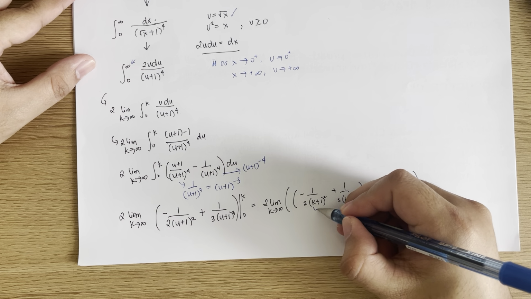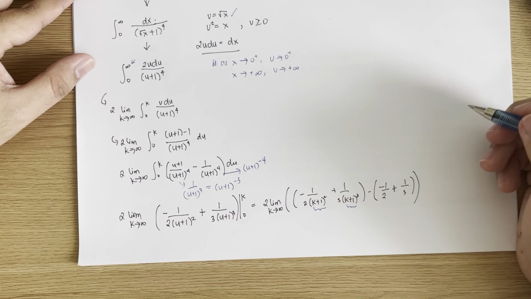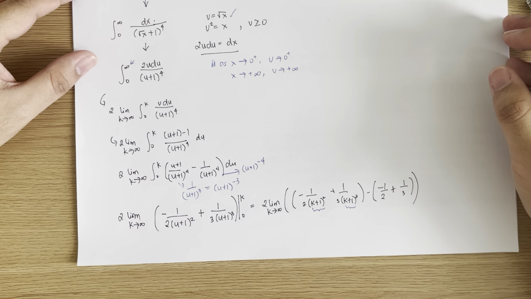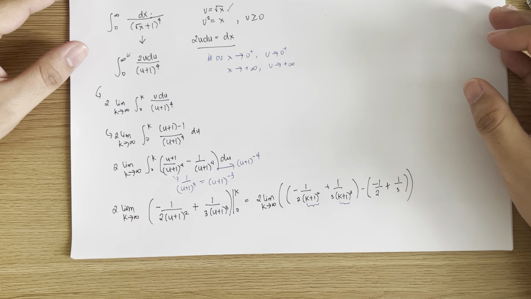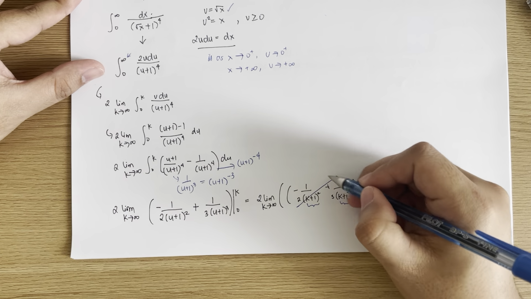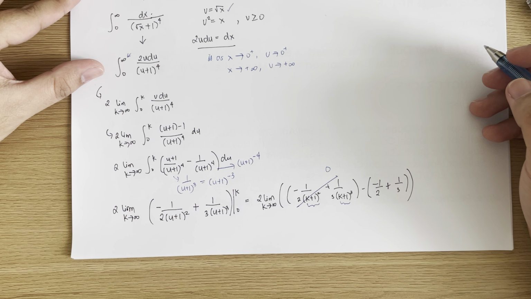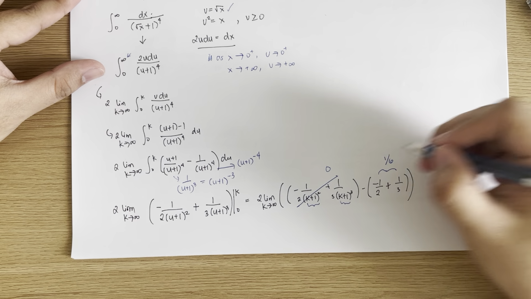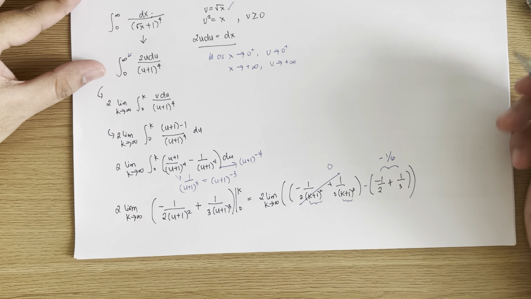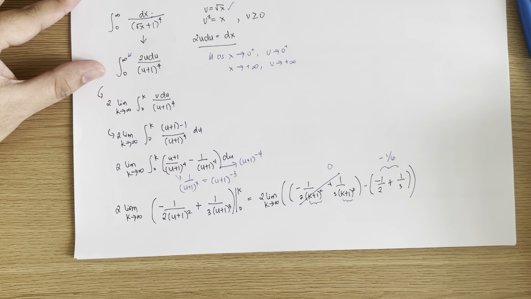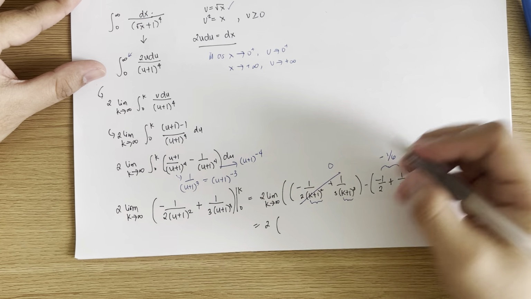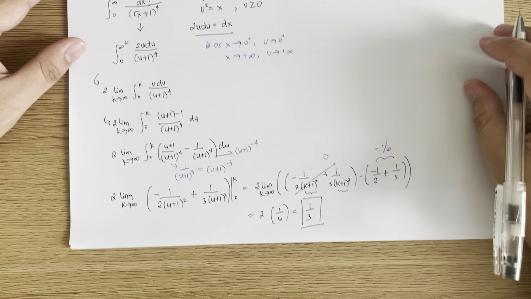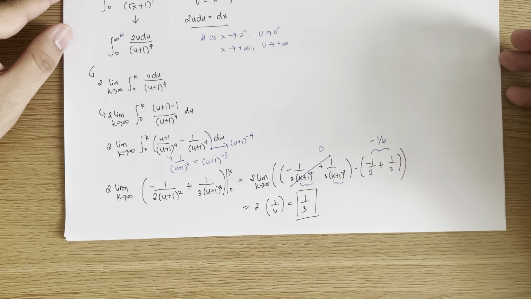Now, these are (k plus 1) squared and (k plus 1) cubed in the denominator, and as k approaches infinity, it just means that we're dividing by a number that grows large without bound. So this value should approach 0. Get it? And this one is 1 over 6. Actually, negative 1 over 6. So this is negative of negative 1 over 6. So ultimately, we get here 2 times positive 1 over 6, which simplifies to 1/3. So our final answer here is 1/3.